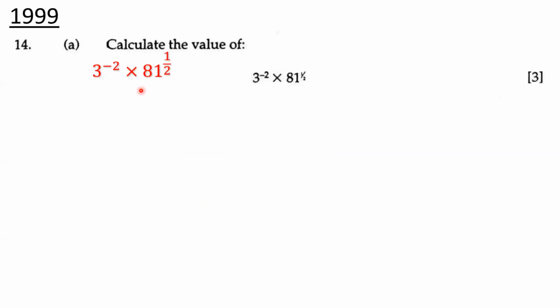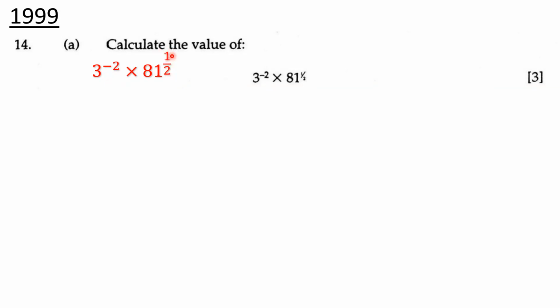We have 3 to the power of negative 2 multiplied by 81 to the power of 1 over 2. Remember I said that if the numerator is 1, then the denominator tells us the root. So here we're looking at the square root of 81.